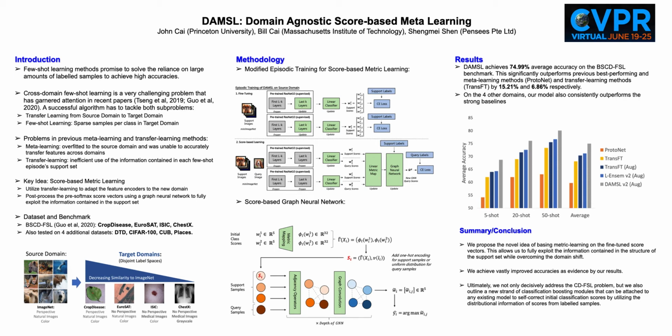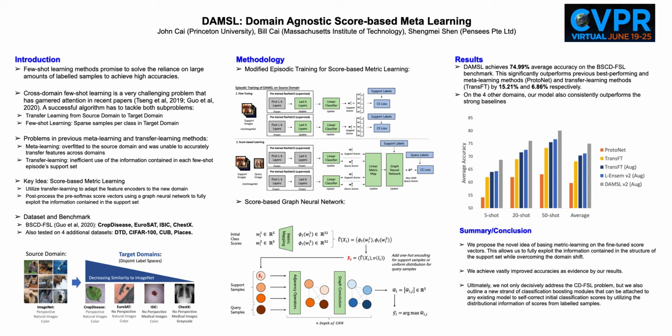As I've emphasized, cross-domain few-shot learning is a very challenging problem, and a successful algorithm has to tackle both the sub-problems of transfer learning and few-shot learning itself.